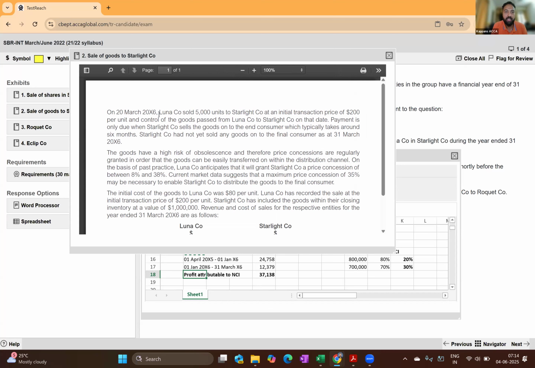So the parent company has sold 5,000 units to the subsidiary company at a transaction price of $200. So we got one piece of information. There's an intercompany sale.